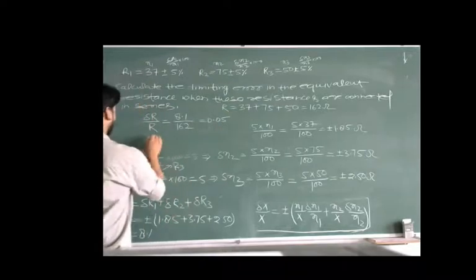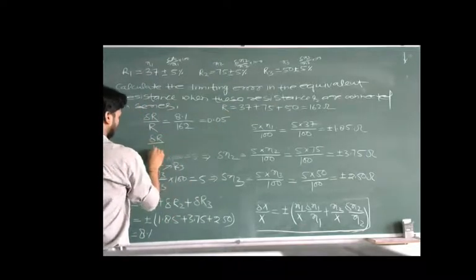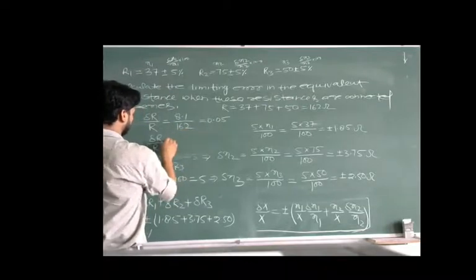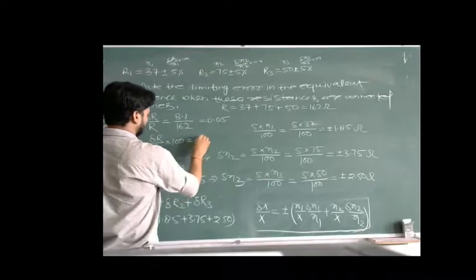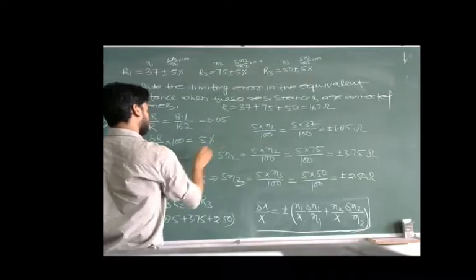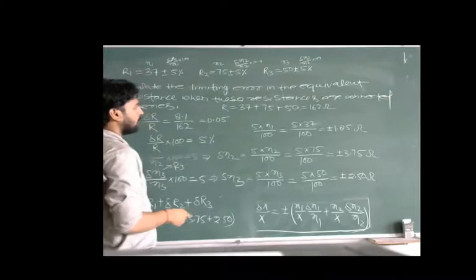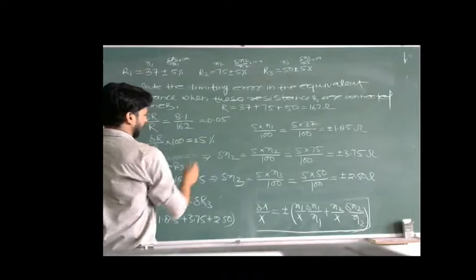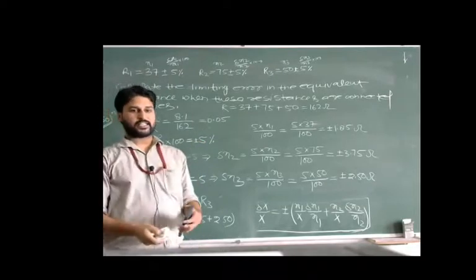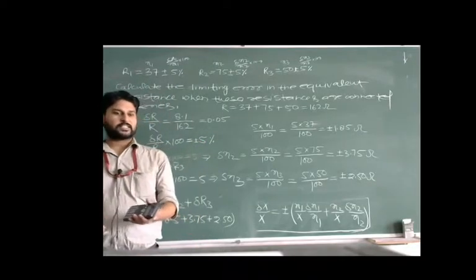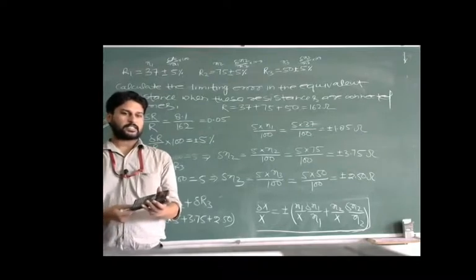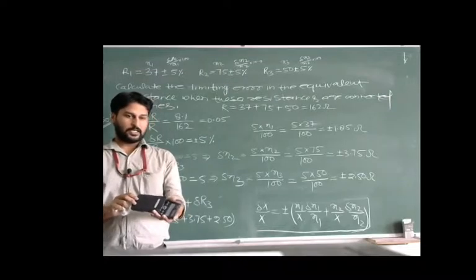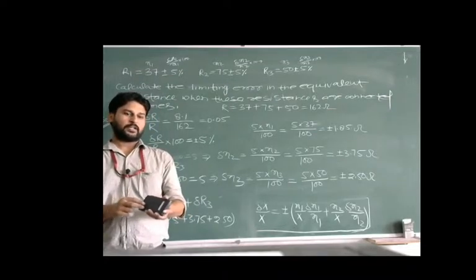In percentage we can write del R upon R into 100 is equal to 5%. So if three resistances are added together and each resistance has its own limiting error of 5%, then the limiting error in the result will be 5% itself.